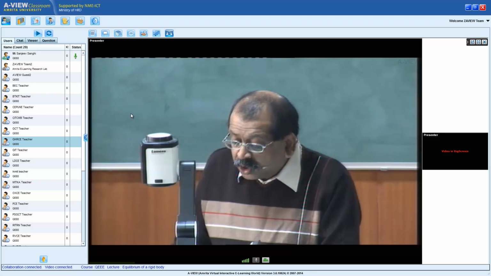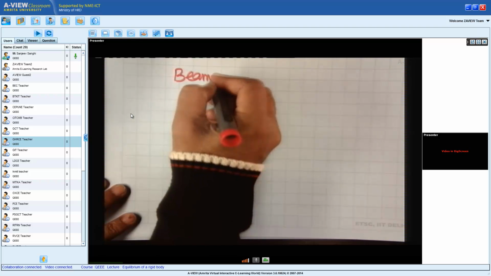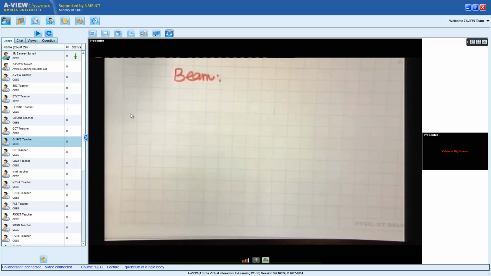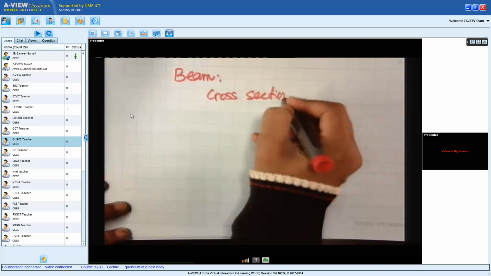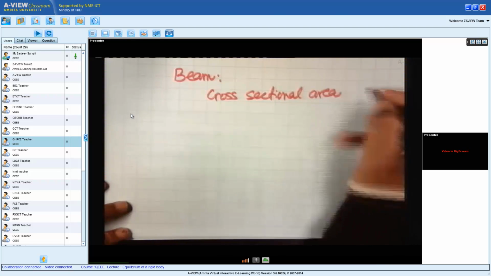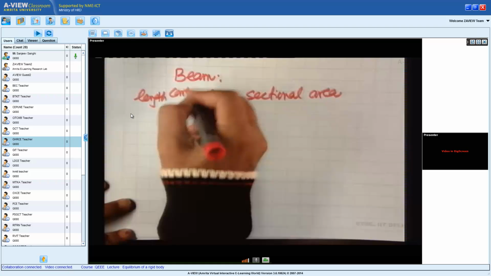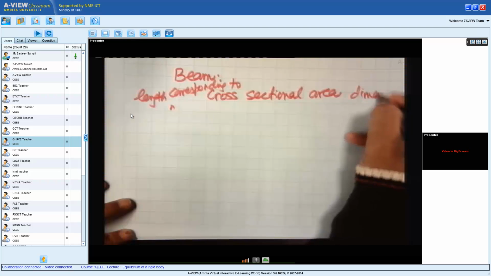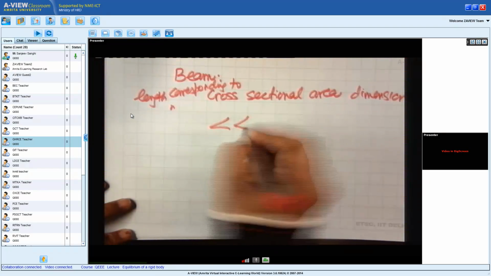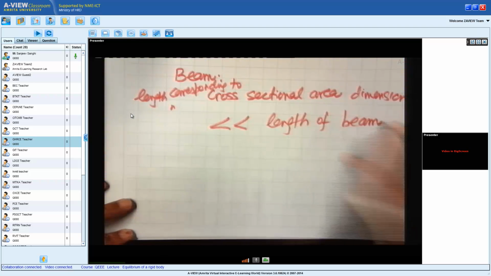Practically, where do such forces come? In civil engineering, we often have elements which we call a beam. A beam is an element where the cross-sectional area dimension is much less than the length of the beam.